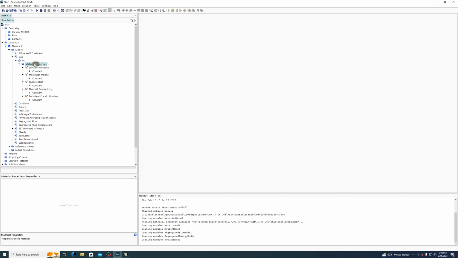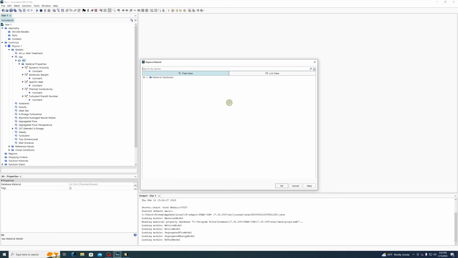But if you need to modify the properties of air because you're going to a scenario that is significantly departed from standard everyday air conditions, you might need to change some of these properties. Or you might need to change it so it's not air at all.